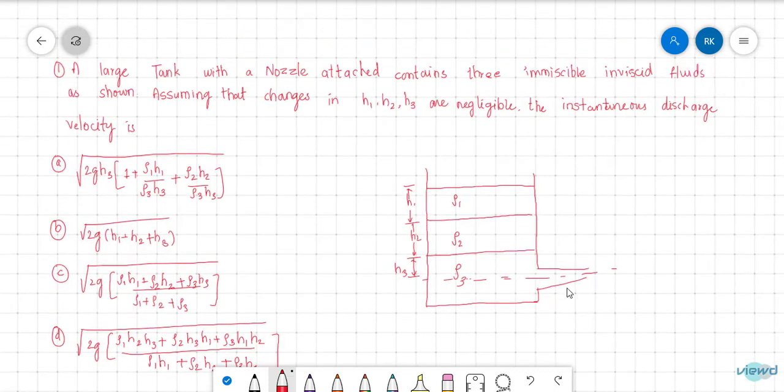There is a nozzle attached to this container, and three liquids are placed here. Rho 1, rho 2 and rho 3 are the densities, and H1, H2, H3 are the represented heights. So we need to find with what velocity this third fluid ejects outside.